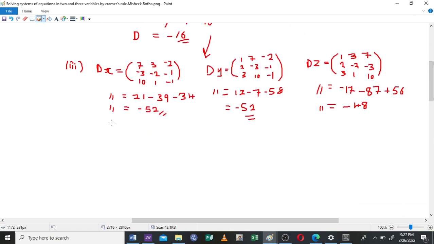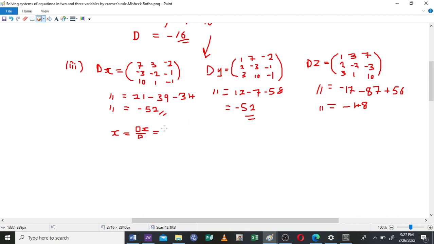Now again, we apply the formulas to solve for x, y, and z. So we have x is going to be dx, the determinant of matrix dx, divided by the determinant of the matrix of coefficients of the 3-variable system of equations.